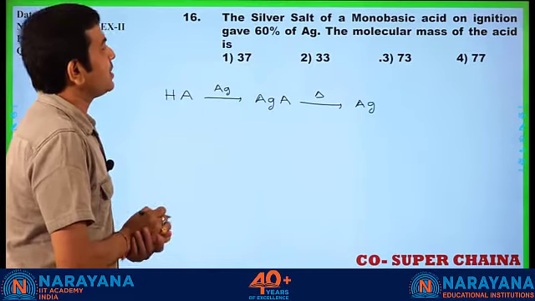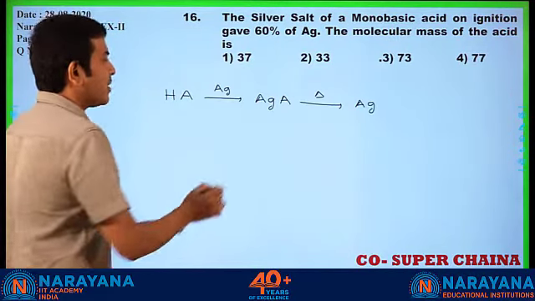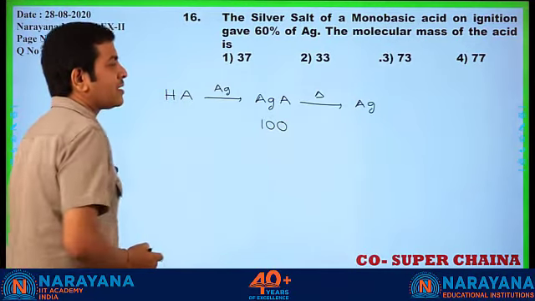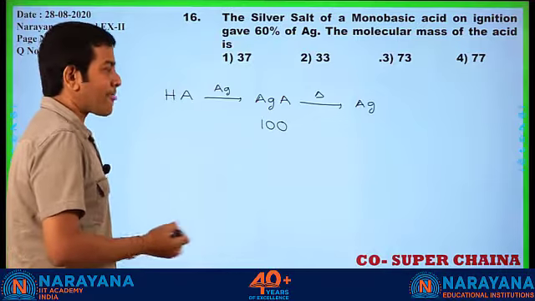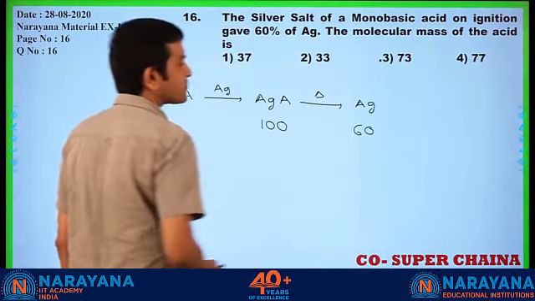60% of Ag is deposited. It means when 100 grams of the silver salt of that monobasic acid decomposes, 60 grams of Ag is formed.